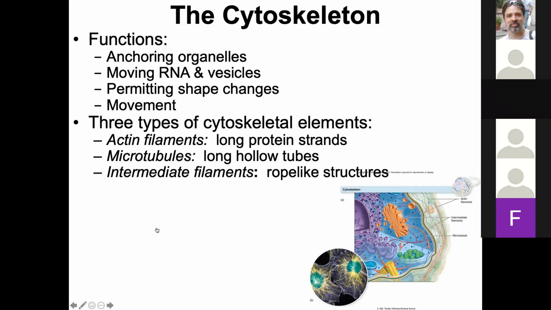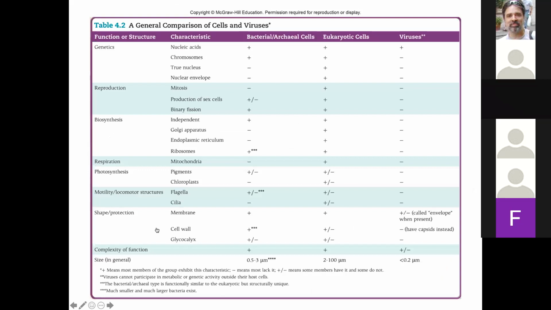So all of these provide a framework and a transportation system inside the cell and maintain the cell shape, and also provide scaffolding for other proteins to do their work effectively. So sort of like putting enzymes, which help chemical reactions speed up, in an assembly line arrangement so that they're more efficient at what they do.